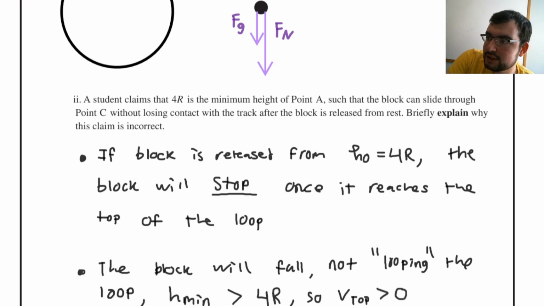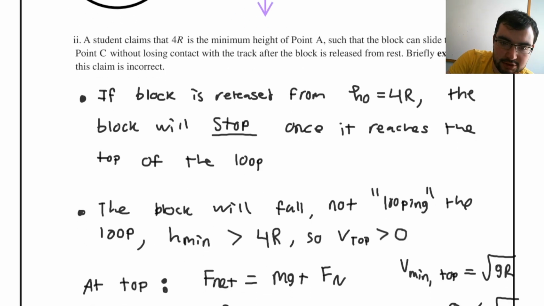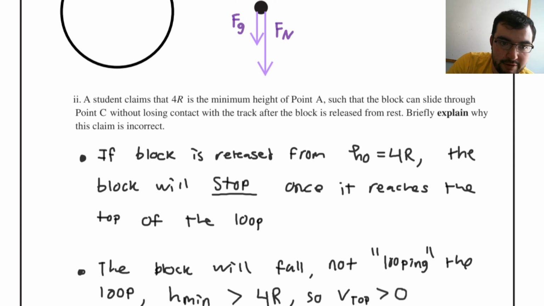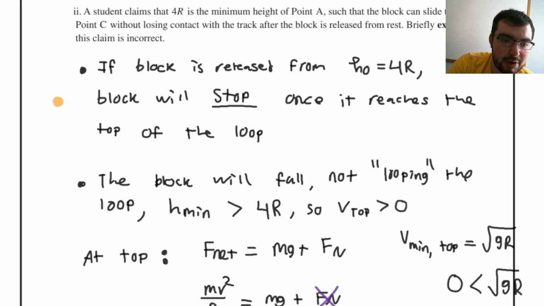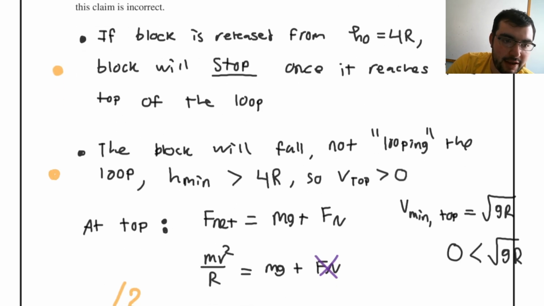I don't know if they'll accept that that's being implied or not, so I'll just explicitly say it on my second run through here. So I think we get some sort of point for indicating that the velocity at the top is 0 in this case, and then you probably get another point for indicating that just getting to the top isn't enough. You need more velocity than 0 at the top to actually finish the loop. So that's my guess for point breakdowns. We'll see in July how close I was.